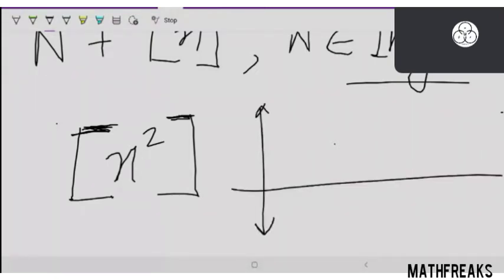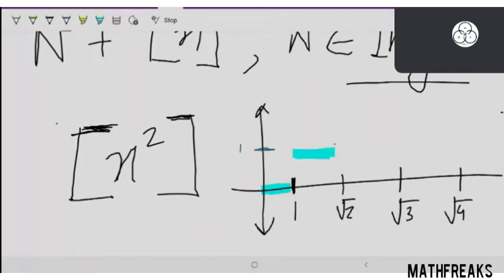I hope that you all have drawn the graph. I'll show you for one side, another side you can easily draw. I'm just giving the hint: take such kind of intervals, 1, root 2, root 3, root 4, since this is x square. When x lies in the region 0 to 1, the value we will get is between 0 and 1. When x is 1 to root 2, the value we will get is 1.